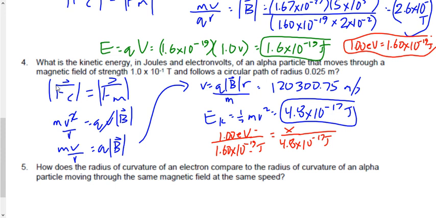Solve for x. And when you do that, it works out to be 3.0 times 10 to the 2 eV. Make sense? You can convert any unit you want as long as you have the conversion factor, just setting it up as a ratio like that.